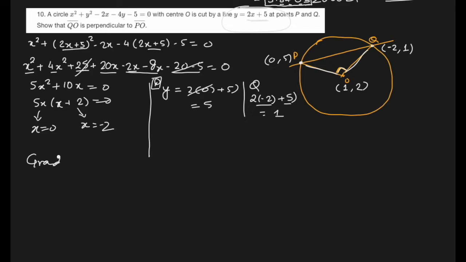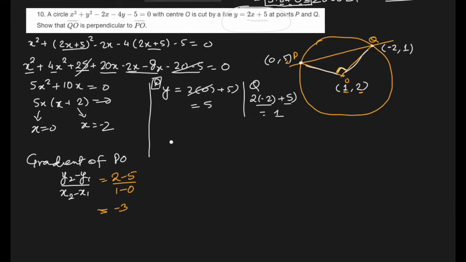Now we will write the gradient of PO, y2 minus y1 over x2 minus x1. Let's say this is y2, this is y1: 2 minus 5, and this is x2, 1 minus 0, which comes out to be minus 3 over 1, minus 3.